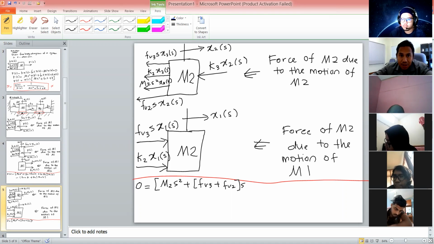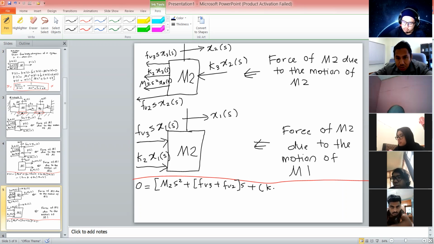Okay, so for FV2, FV3, and s, we have s here. Plus, we have K3 and K2, right? So, K2 plus K3. Okay, close the bracket. This is X2s, right?